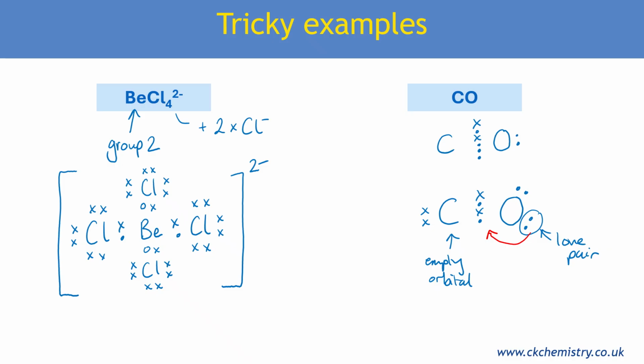That means oxygen's got 1 lone pair left and carbon's got 1 lone pair left. If I was drawing it in terms of line diagrams, C, normal bond, dative bond from oxygen to carbon. That's really messy, sorry. And I could put the lone pairs either side if I wanted to. There we go.